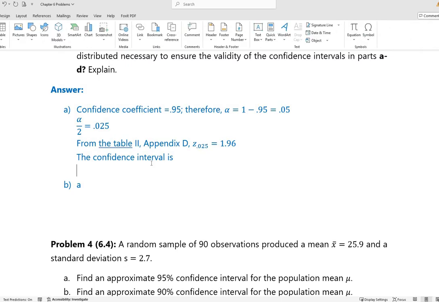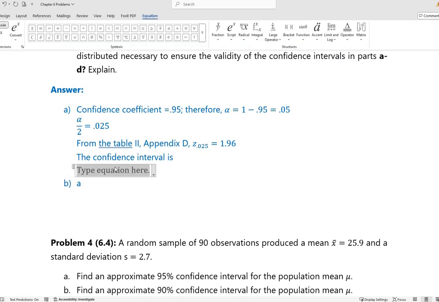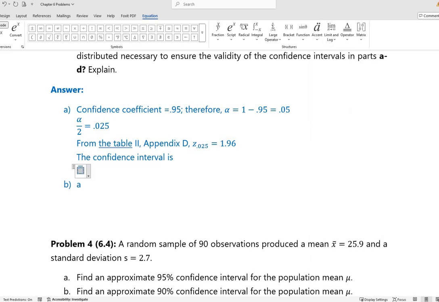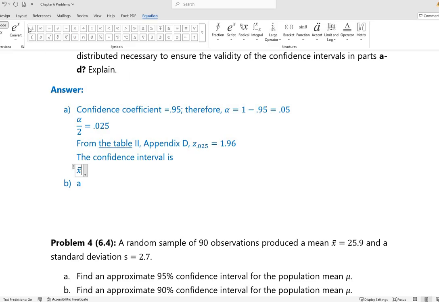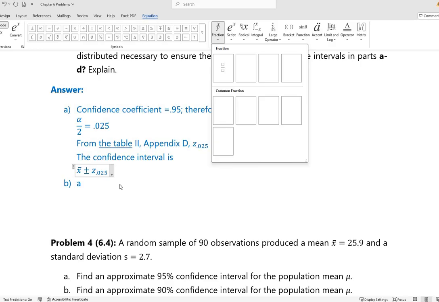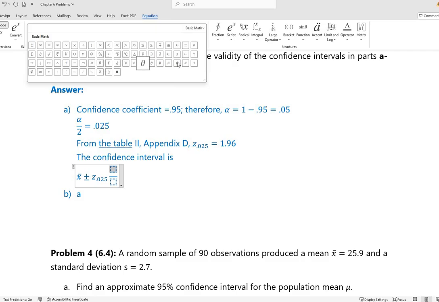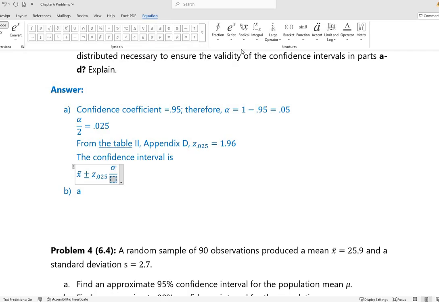so let's insert the formula. The confidence interval should be equal to x bar plus or minus z 0.025 times sigma over square root of n.